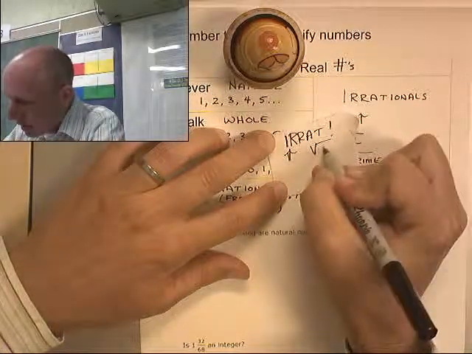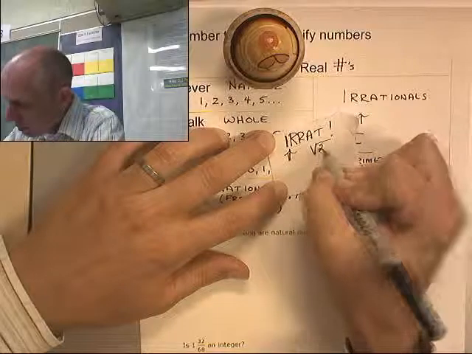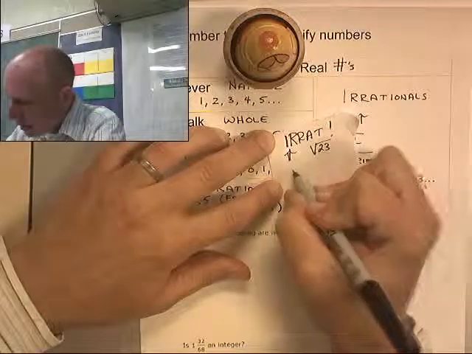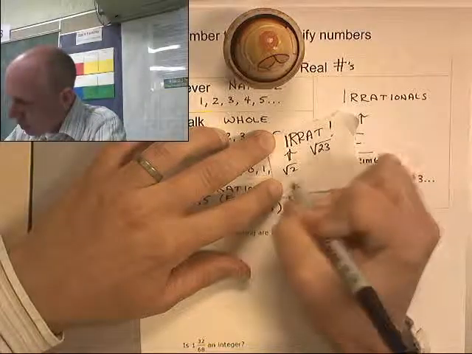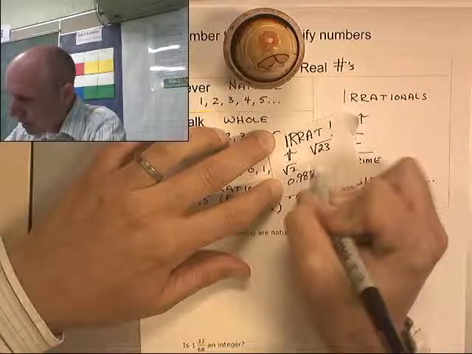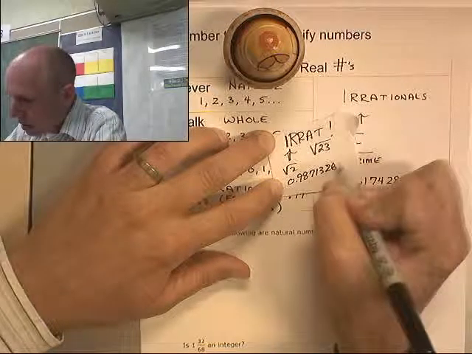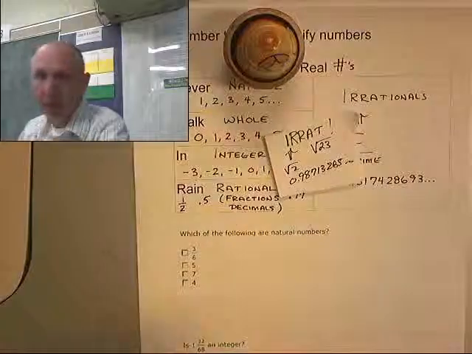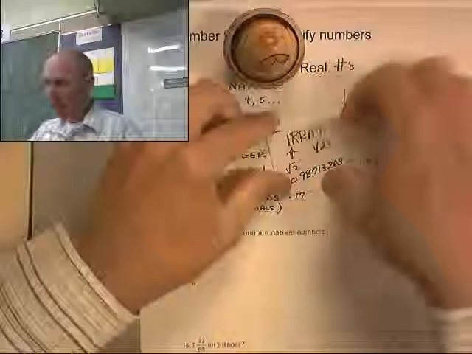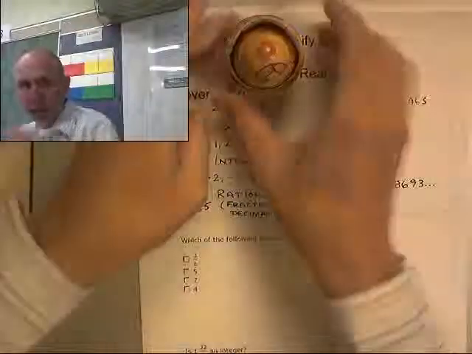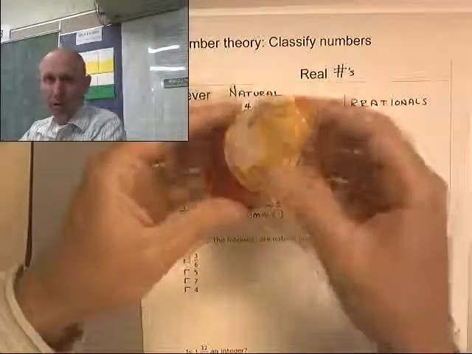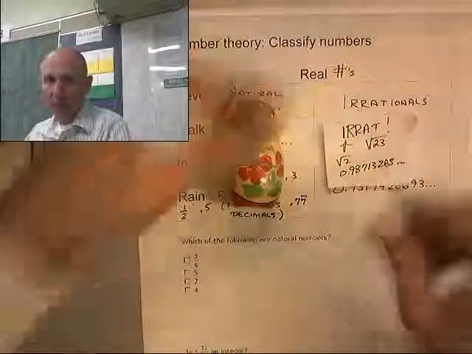Things like pi and the square root of 23 and the square root of 2 and 0.9871326. Those guys also fit inside the reals, but they're outside of the other ones. They're tucked in there. See how I tucked them in there? So we have all these guys over here.